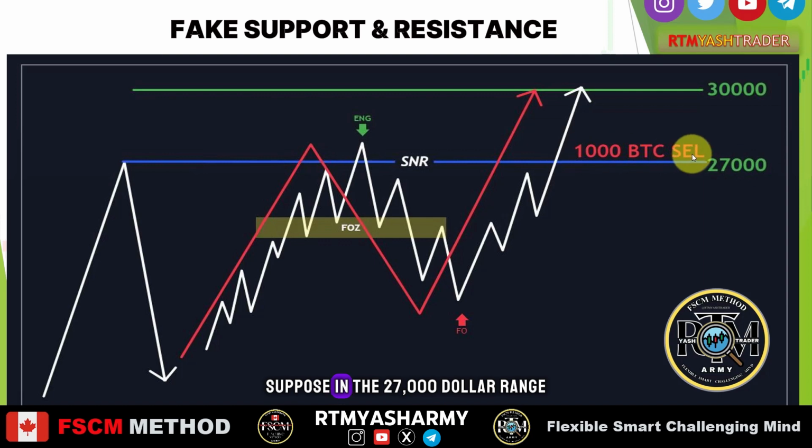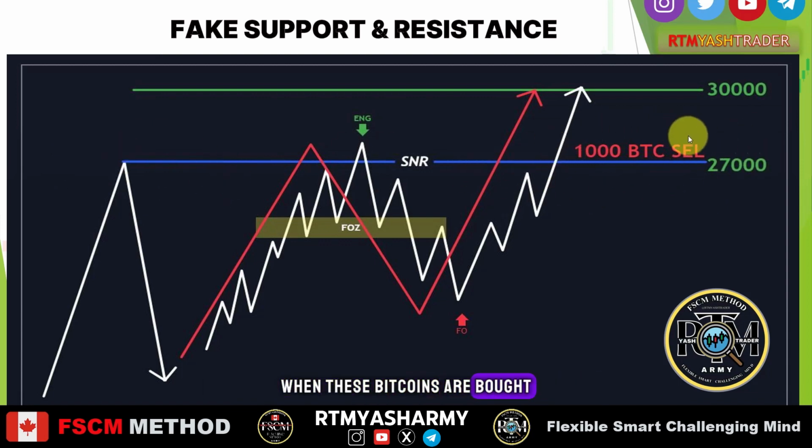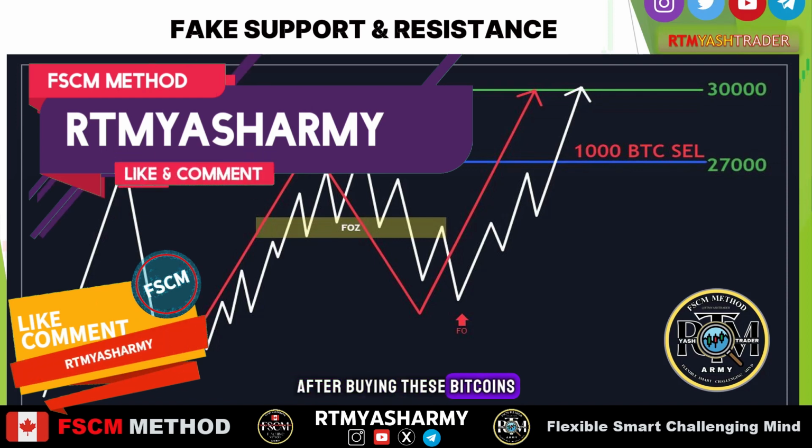Suppose in the $27,000 range, there are 1,000 Bitcoins available for sale, representing the resistance range. Big boys first need to buy these 1,000 Bitcoins. When these Bitcoins are bought, the price drops. This is what we call a fake out, which I'll explain in detail later. After buying these Bitcoins, the range is cleared.